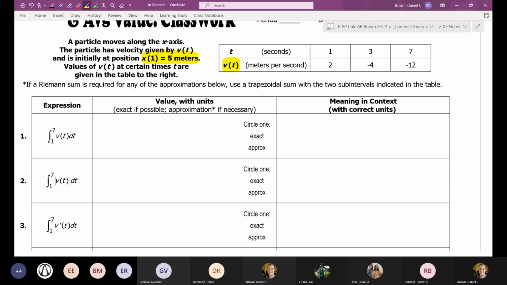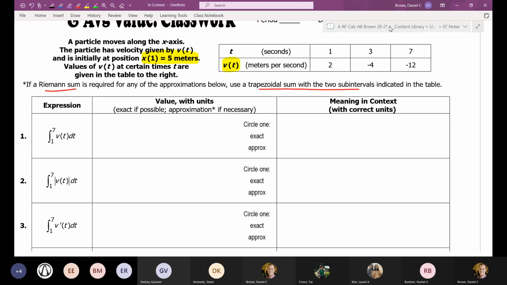I did add one thing. If we have to use a Riemann sum, also just for review, we're going to use a trapezoidal sum with two subintervals. We haven't done one of those in a while. Doesn't hurt to review. So this first row, I want us to find just the integral from 1 to 7 of v of t.